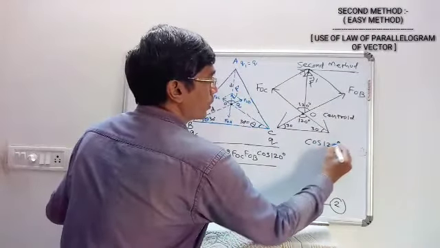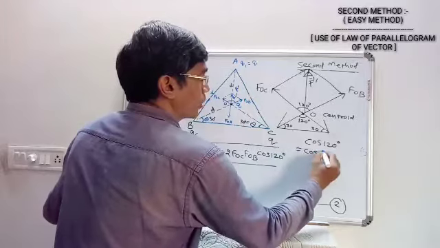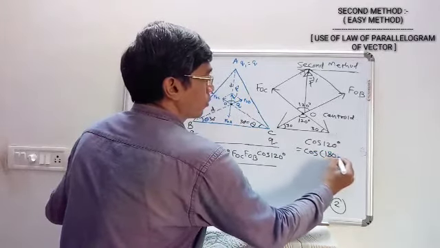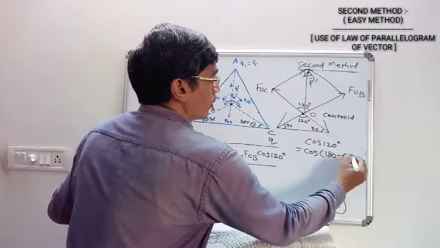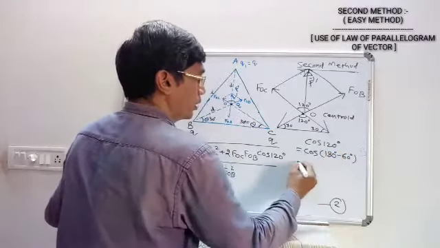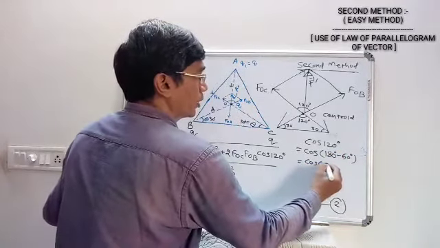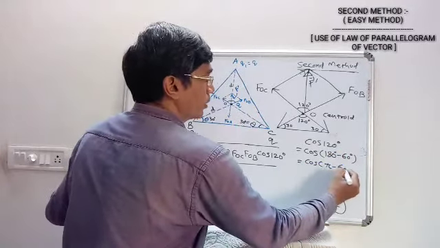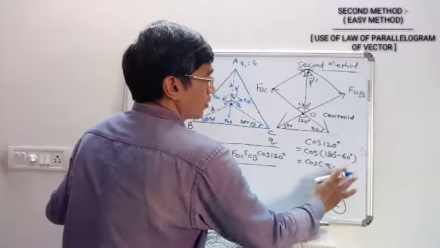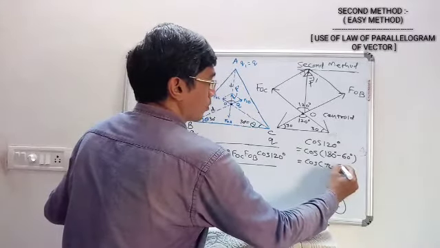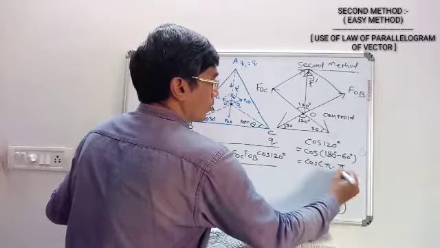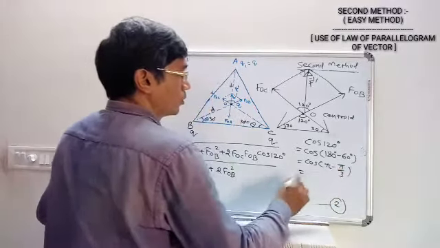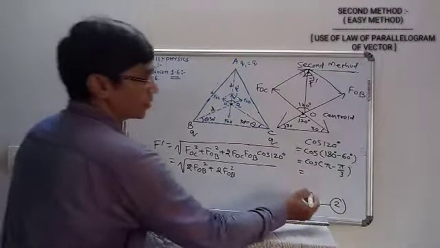What is the cos 120 degree? Cos 120 degree is cos 180 minus 60 degree. So we can write cos pi minus pi by 3.